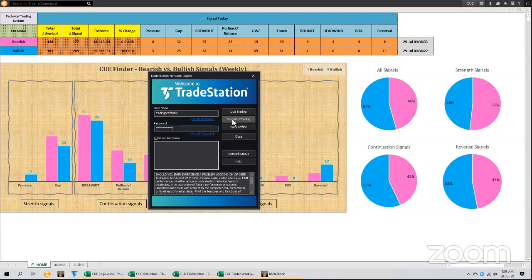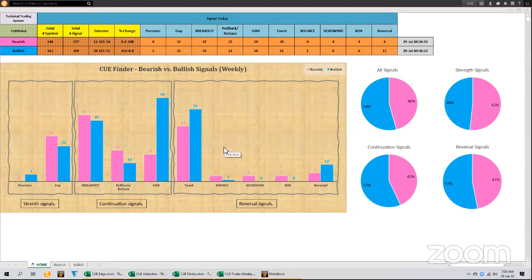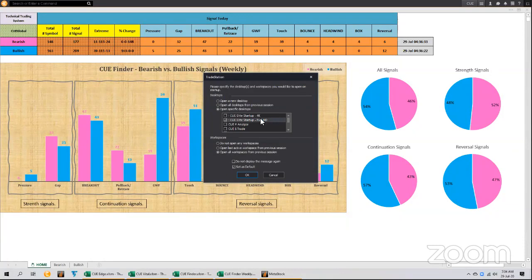So you can see I'm logging in for the first time in TradeStation. Then it will ask me to open the desktops. Give it a second. It may be coming on my other monitor. Okay, here. And you will see there are now two new startup desktops. One is for full HD, one is for 4K.